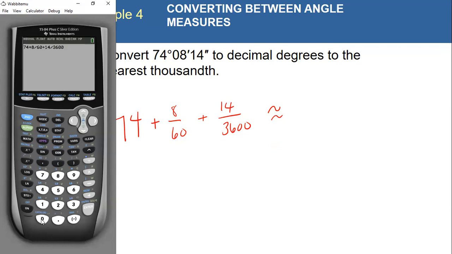You're gonna write the whole thing in there and hit enter. And it's gonna give you your approximate decimal. It says round to the nearest thousandth, so our nearest 3 decimal places. So we get 74.137 degrees. That's it.